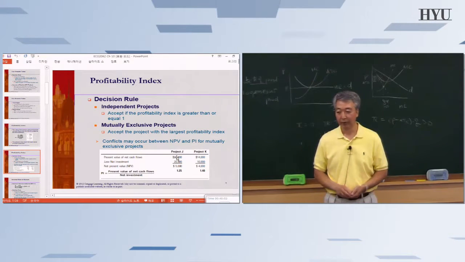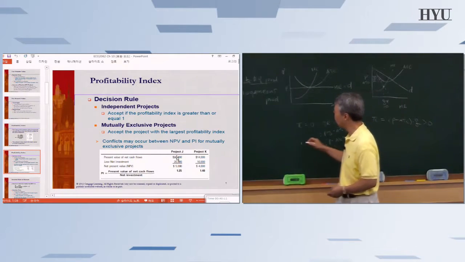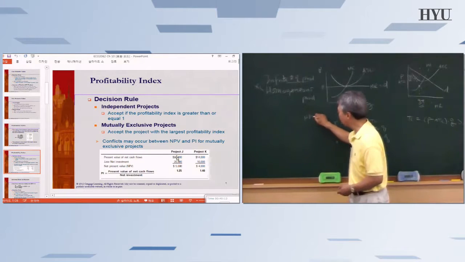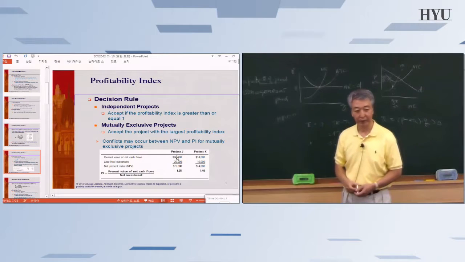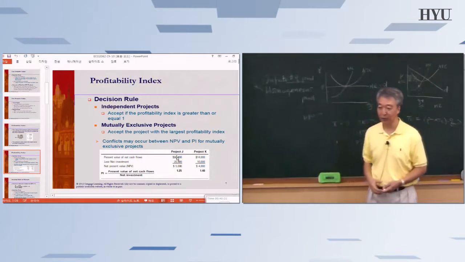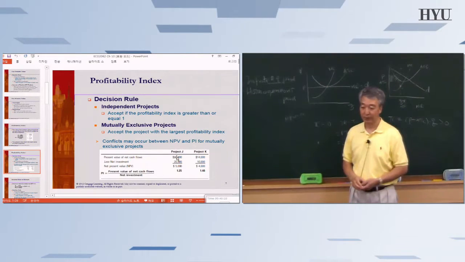So it includes everything, all the costs. So when we come up with a net present value of 0, you might say, why bother? After spending so much time and effort, you gain nothing. So actually not doing is better than doing, right?